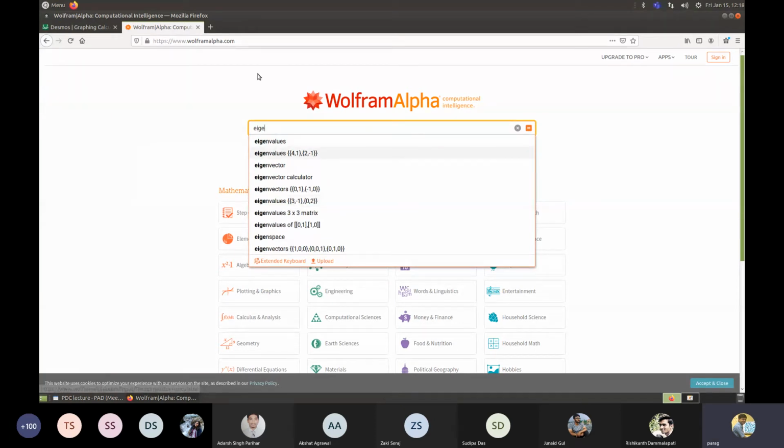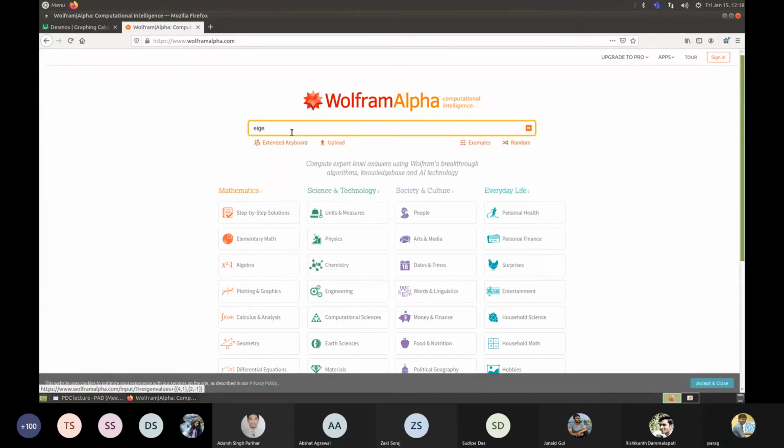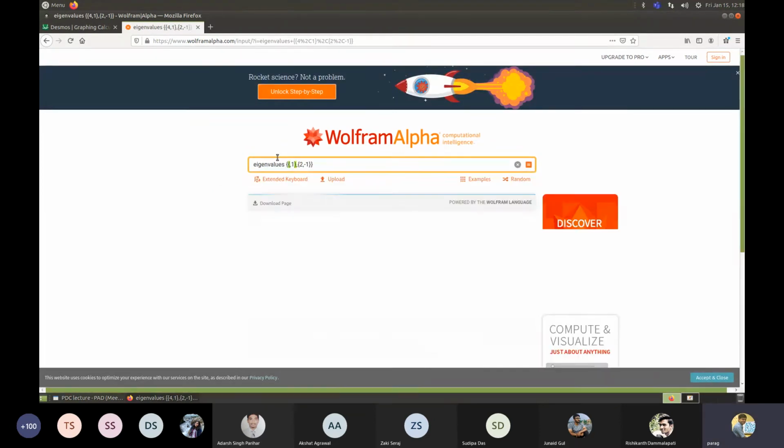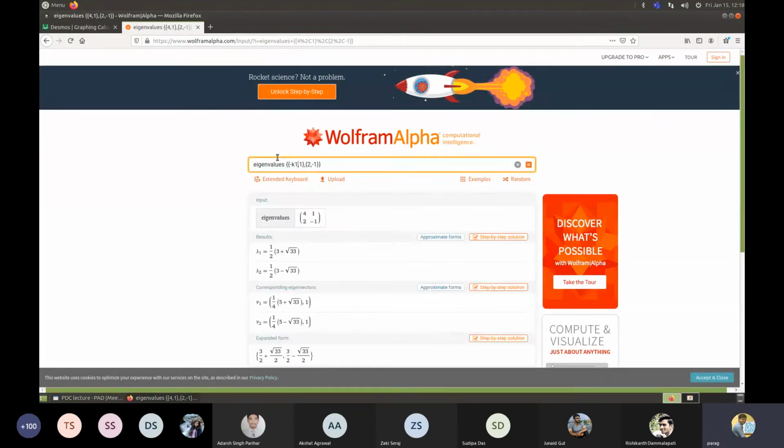Eigenvalues. So this is the syntax. So let us change this. It was minus K1, 0, 0.